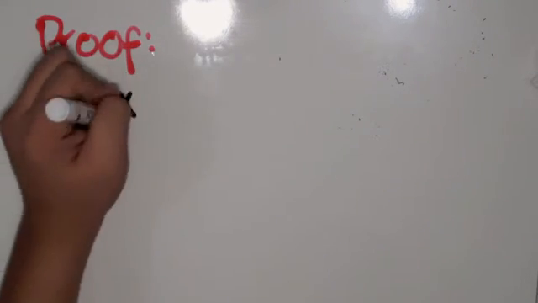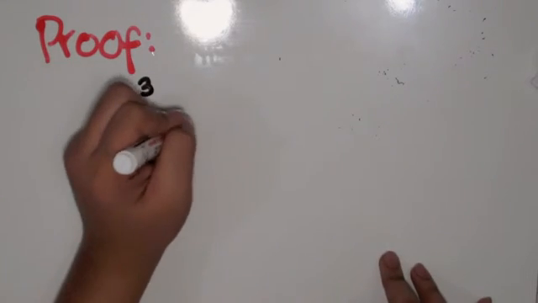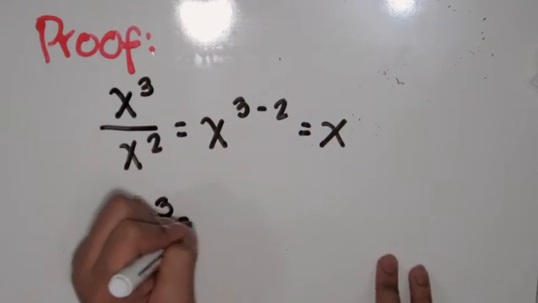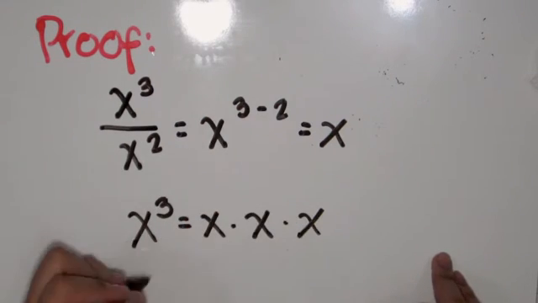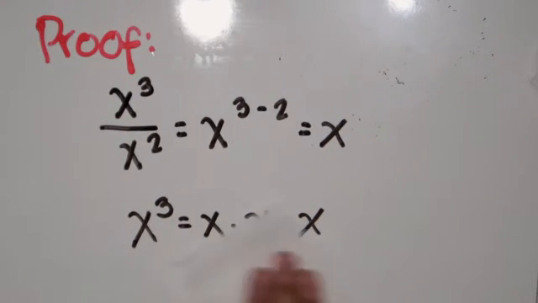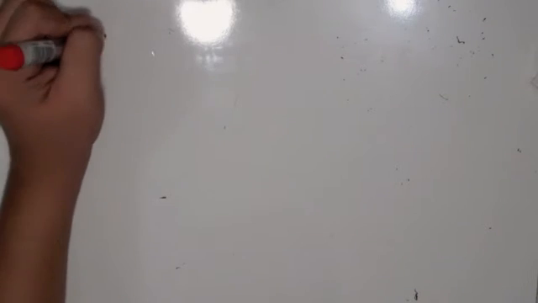Here's proof. x raised to 3 over x squared equals x raised to 3 minus 2 equals x. x raised to 3 is equal to x times itself 3 times, while x squared equals x times x.